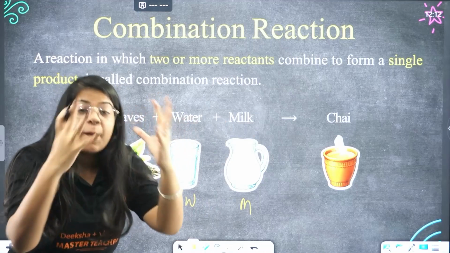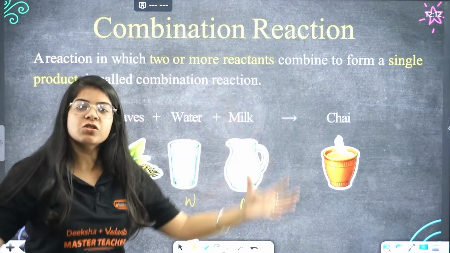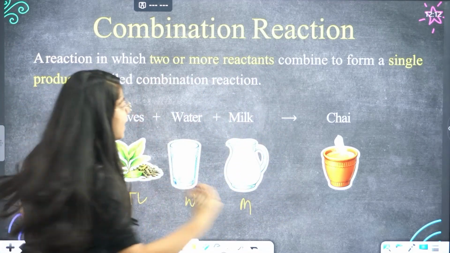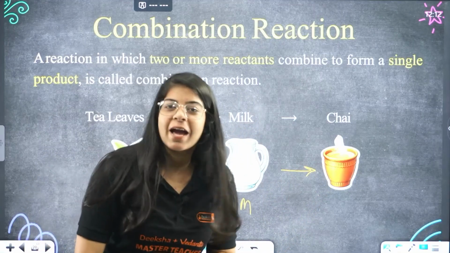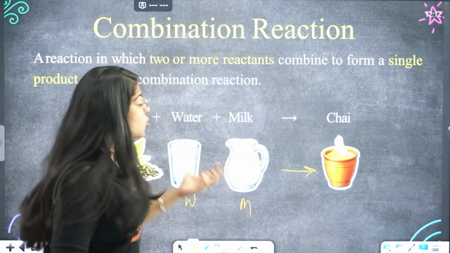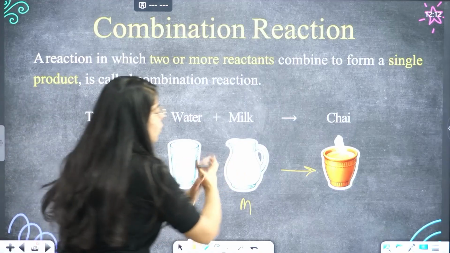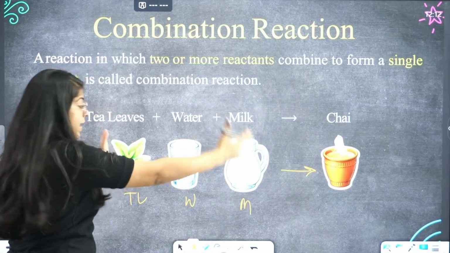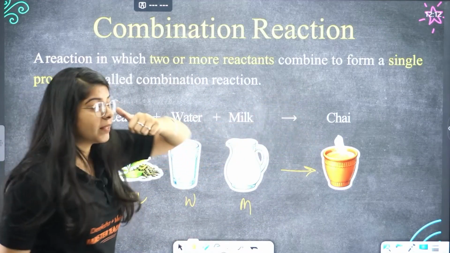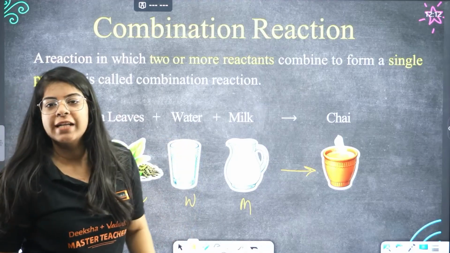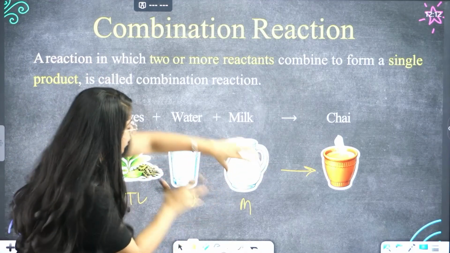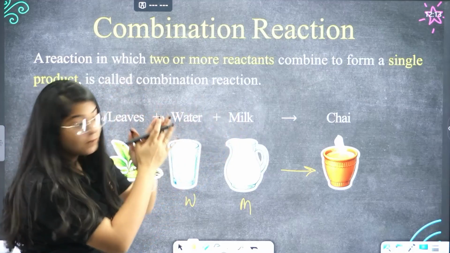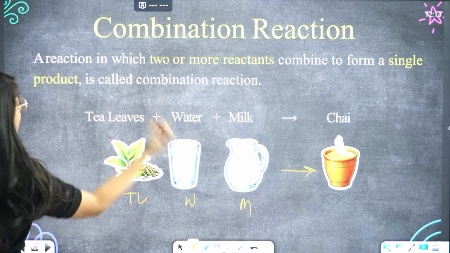You took 2, 3, 4 different things and you combined them together, and we get a sweet, milky, ginger, strong chai. So we are combining these reactants and making a product. That is exactly what a combination reaction is: a reaction in which 2 or more reactants combine to form a single product.